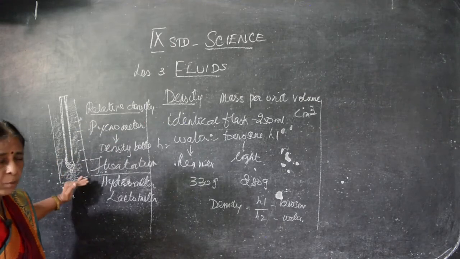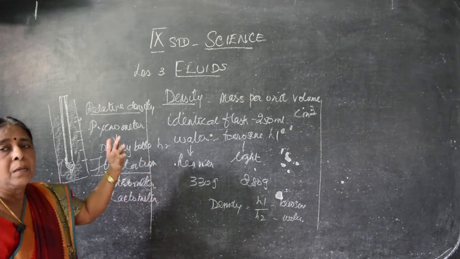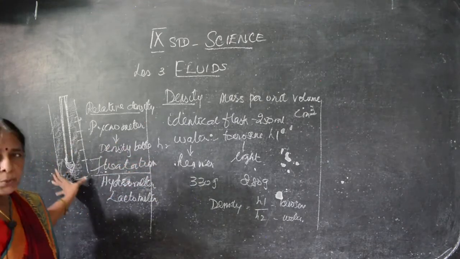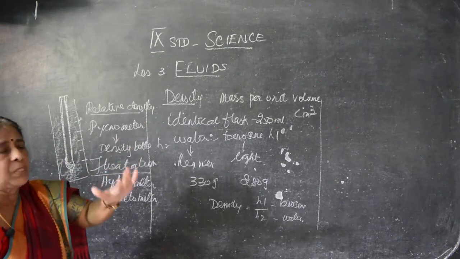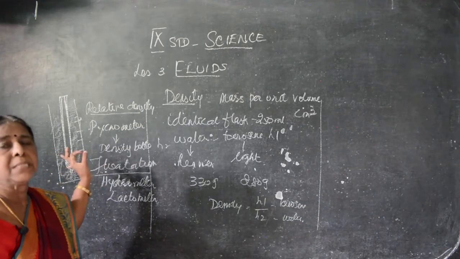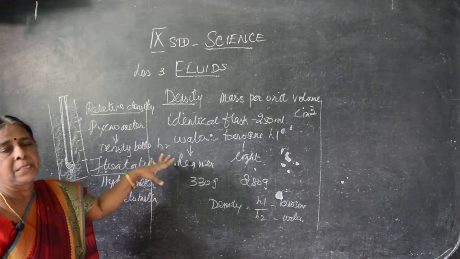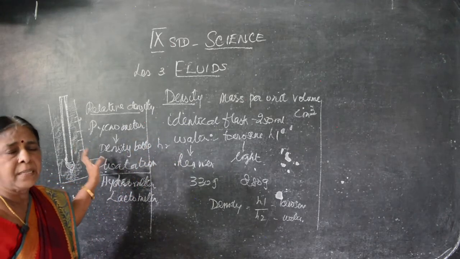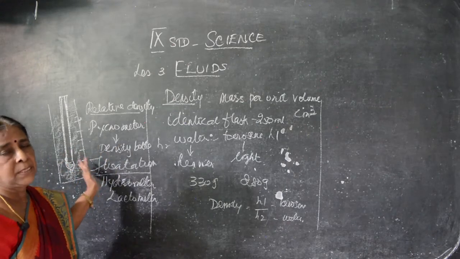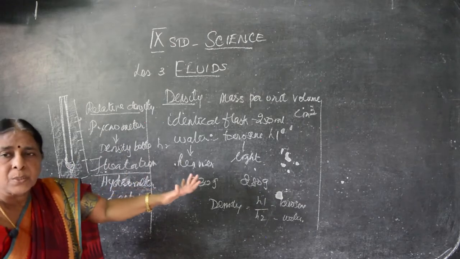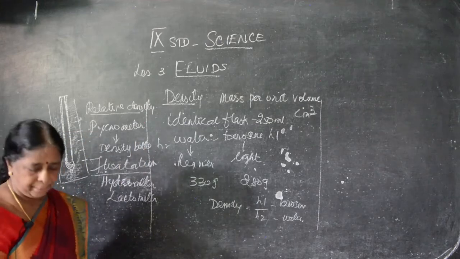First we keep it in water, and find the density of water. Then you compare with the liquid given, suppose kerosene, ether, alcohol, whatever it may be. You place the same hydrometer with the same lead shots without changing, wipe off the water and keep it in the other test tube. The reading for water is H1 and for the given liquid is H2. The difference between H1 and H2 is known as relative density. Clear?